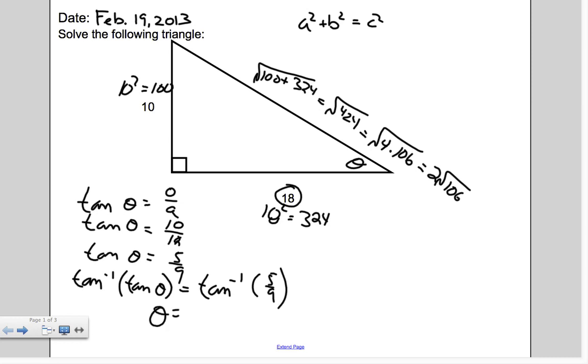So theta is equal to the tan inverse of 5 divided by 9. Like 29 point 05. These are decimals. I didn't specify the rounding, usually it would be to the nearest degree, or maybe to the nearest hundredth. So here we say theta is equal to 29 degrees.